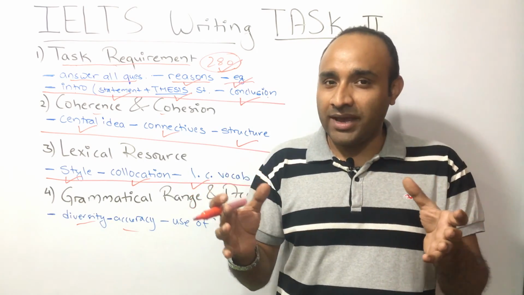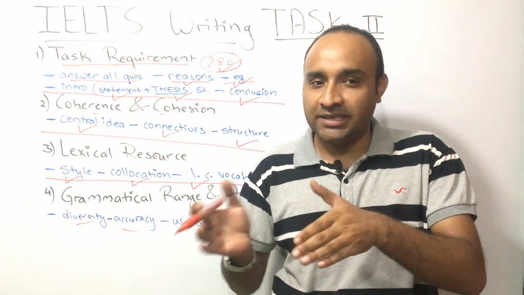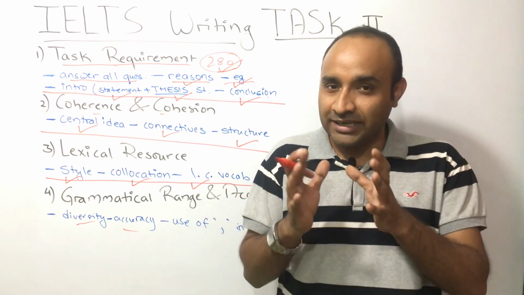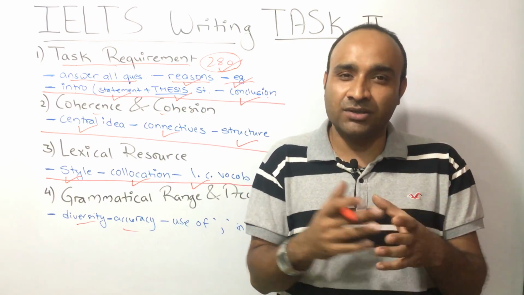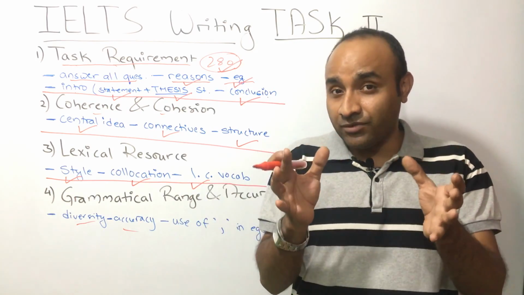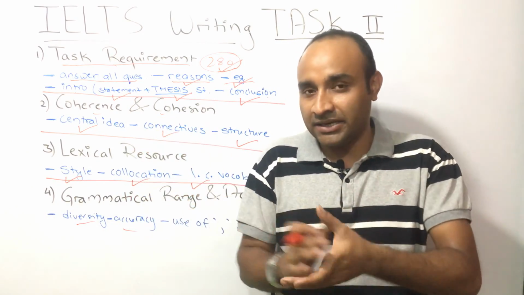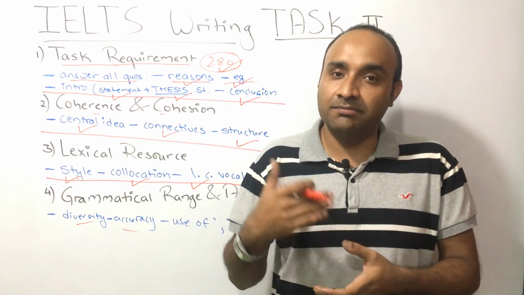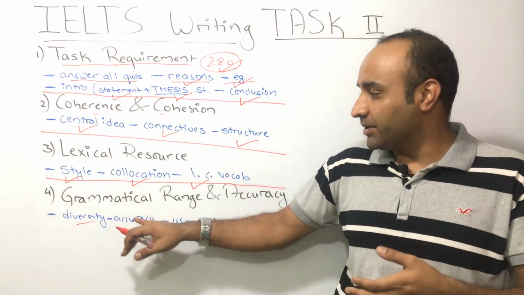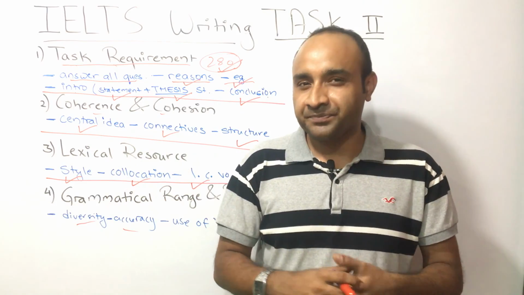So that way I managed to embed "for instance" in the middle of a sentence. Normally students tend to keep it at the beginning of the sentence, which makes the sentence sound a bit ordinary. So the same words, "for instance," if you can keep it in the middle of a sentence, makes your sentence better, and thus giving you better marks in terms of this particular marking criteria.